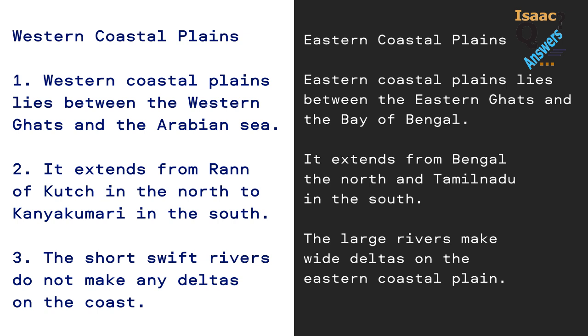It extends from Rann of Kutch in the north to Kanyakumari in the south. It extends from Bengal in the north to Tamilnadu in the south. 3. The short swift rivers do not make any deltas on the coast. The large rivers make wide deltas on the eastern coastal plain.